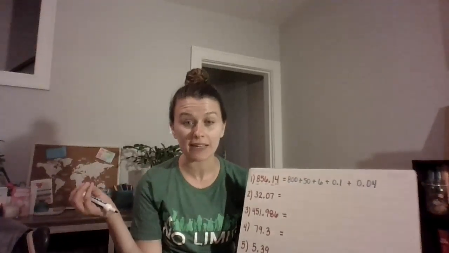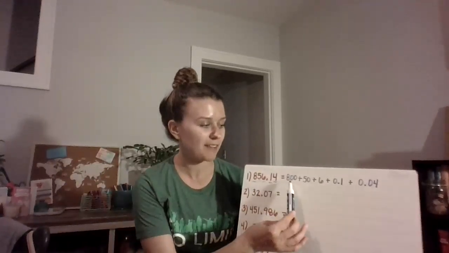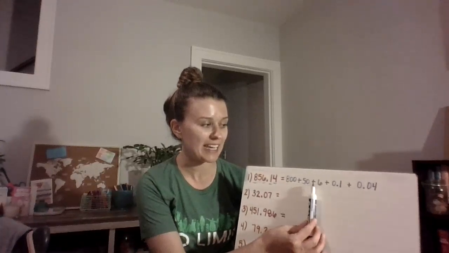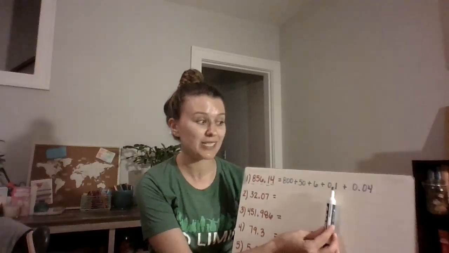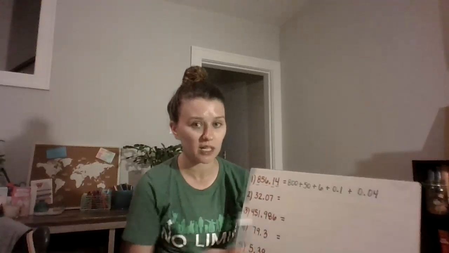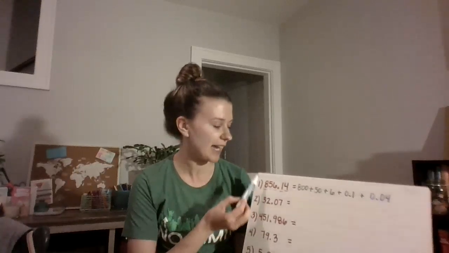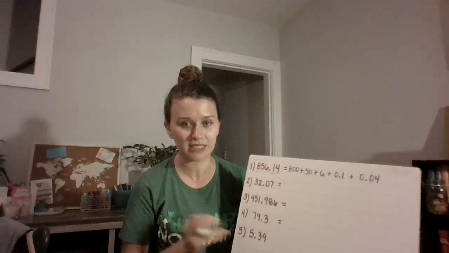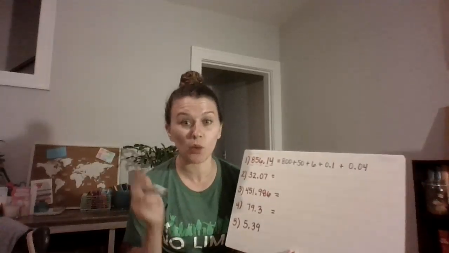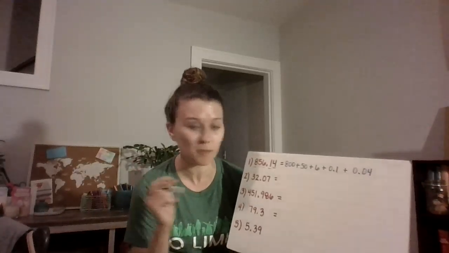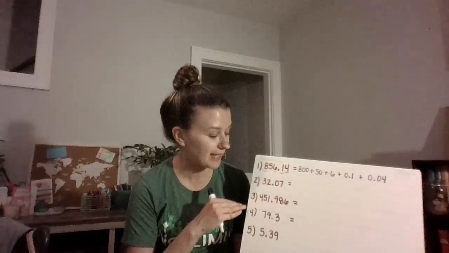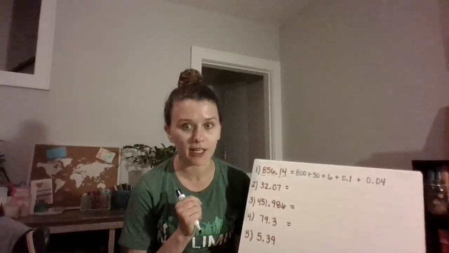So seeing the value of those digits based on the place value. So we have 800 plus 50 plus 6 plus 1/10 plus 4 hundredths. And together that gives us 856 and 14 hundredths. I'm going to do one more with you, and then you can do the last 3 on your own.